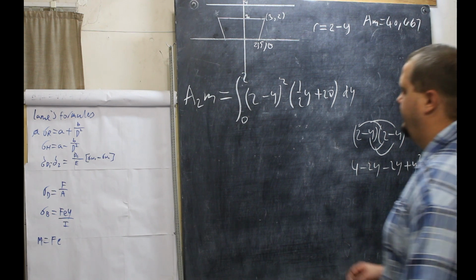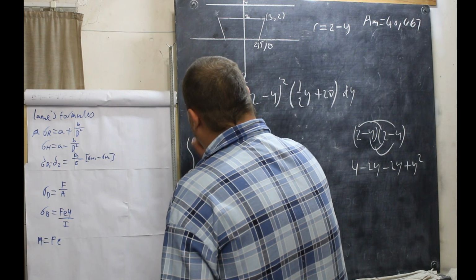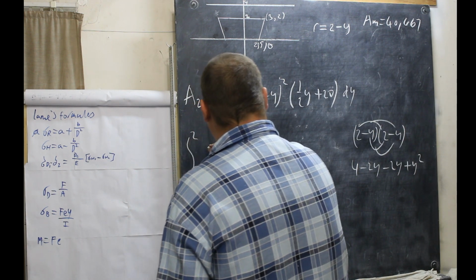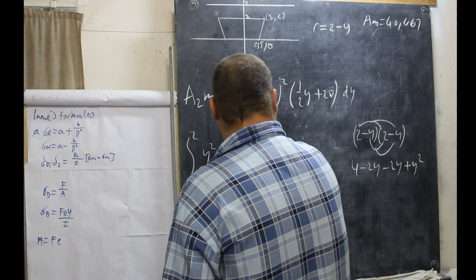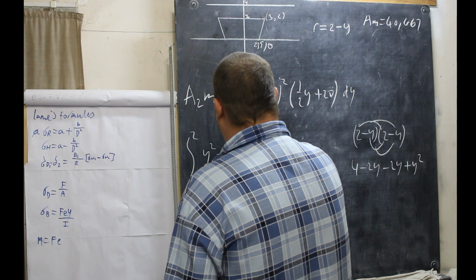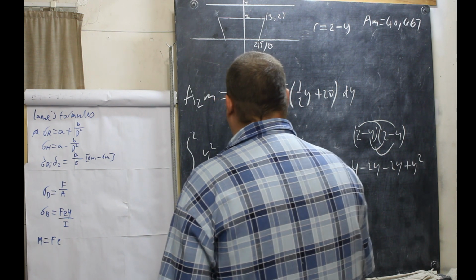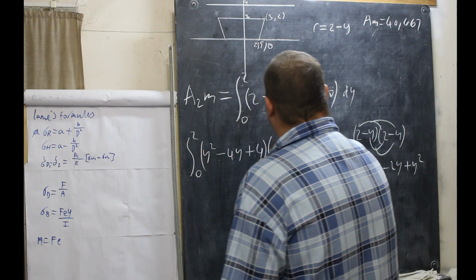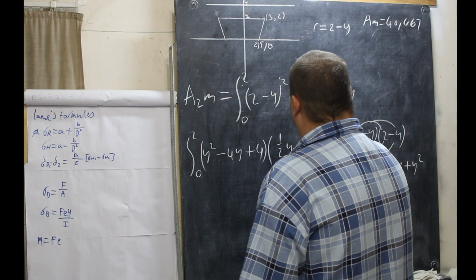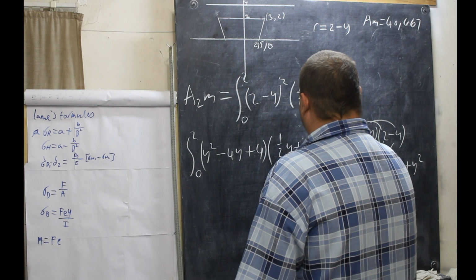So essentially we are left with the integral of 2 and 0, y squared minus 4y plus 4, bracket, a half y plus 20.